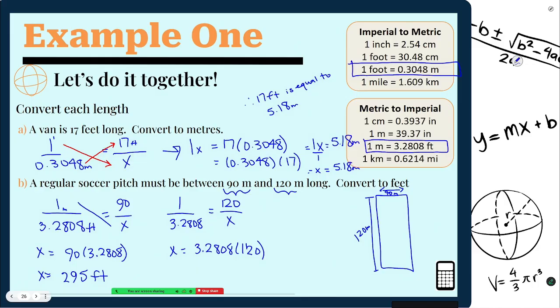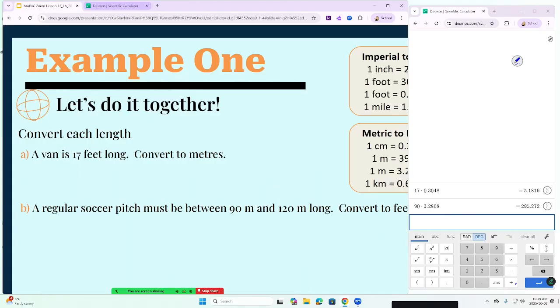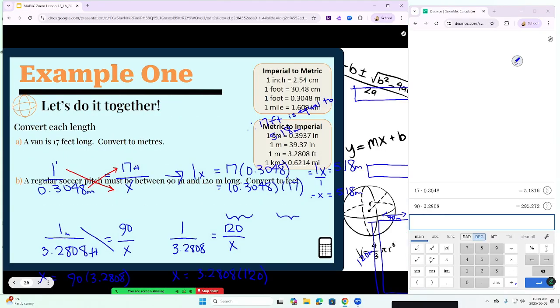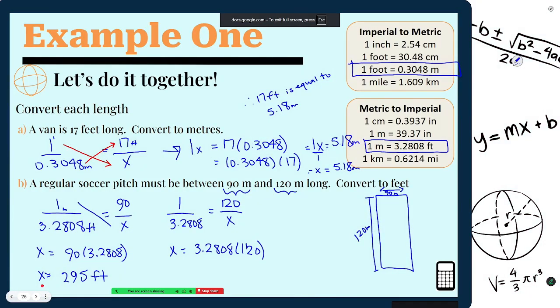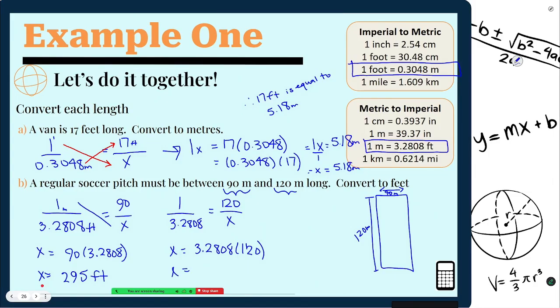Times 120. What do we get when we do 3.2808 times 120? We get 393.696, so we could say 394. x equals, feet.